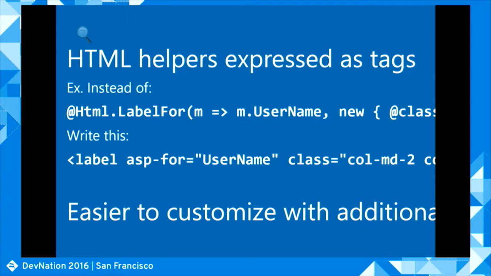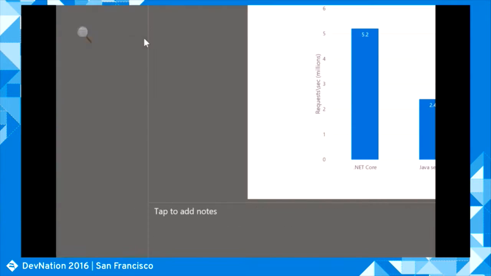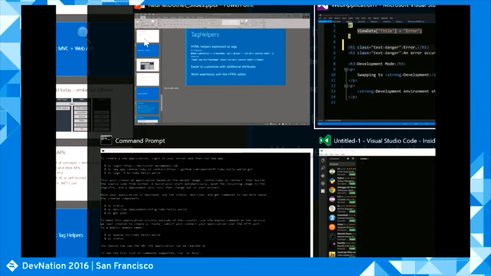And that'll say, I'm going to bind to the model. So that's rendered on the server. That asp-for username doesn't get rendered to the client. That only stays on the server. But it allows you to edit your HTML as HTML. So you can take advantage of all the HTML editing features.